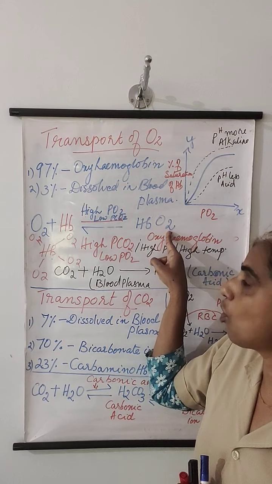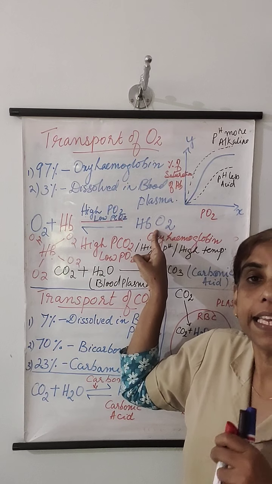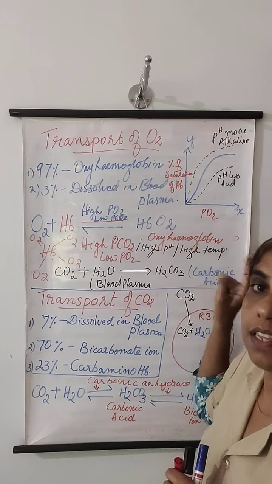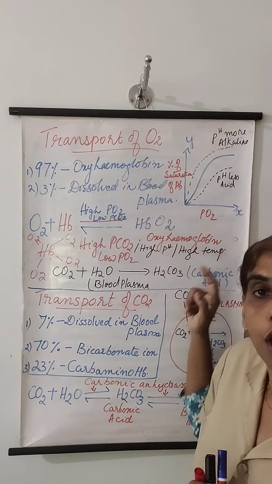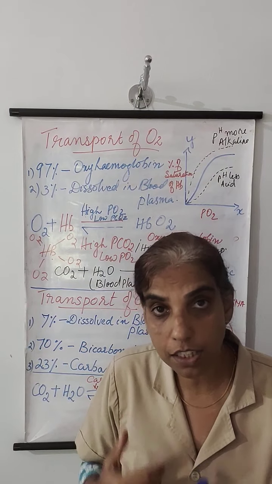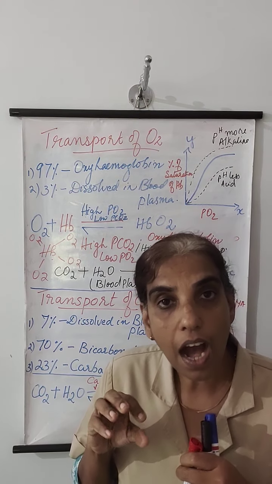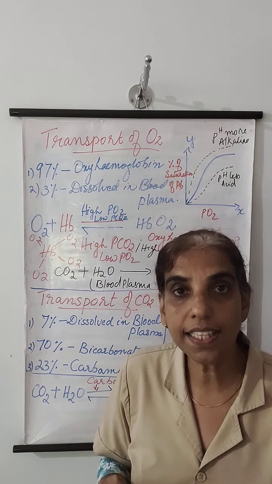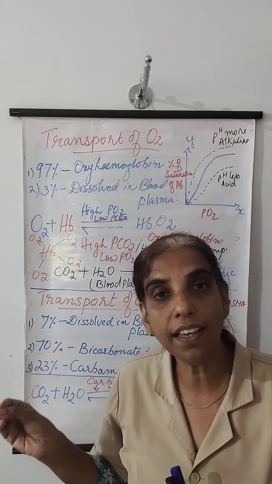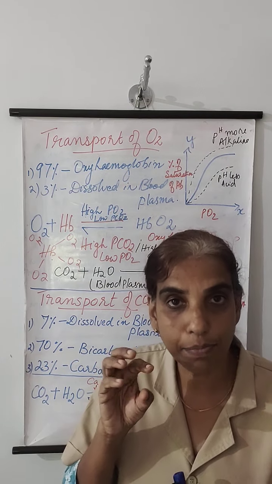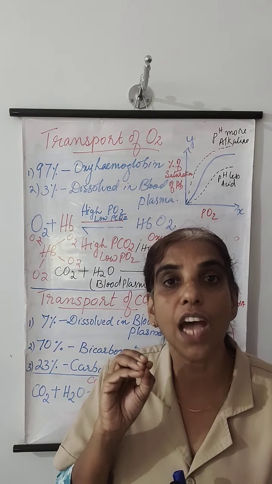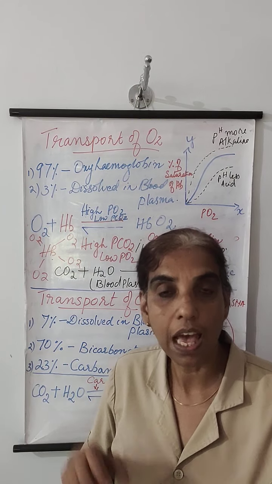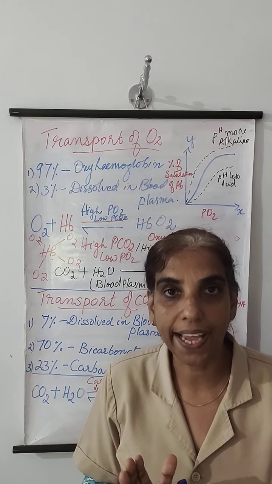This oxyhemoglobin will be carried throughout the blood and reaches our tissues for cellular respiration. And after this, this complex will give the oxygen to the tissues and the Hb will come back.